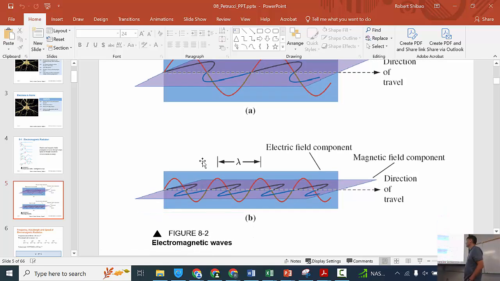So what we have to do is change something, not the amplitude, but this, the lambda. And the light moves at the same speed no matter what the lambda is. Up here it's slowly oscillating, down here it's quickly oscillating, and that quick oscillation we describe with frequency.